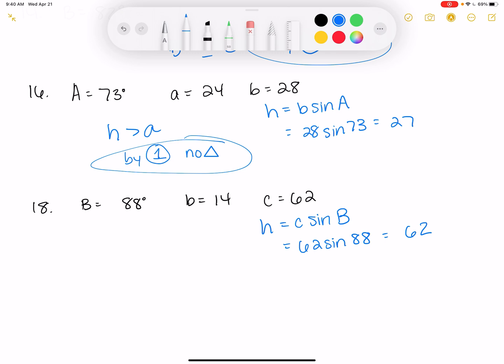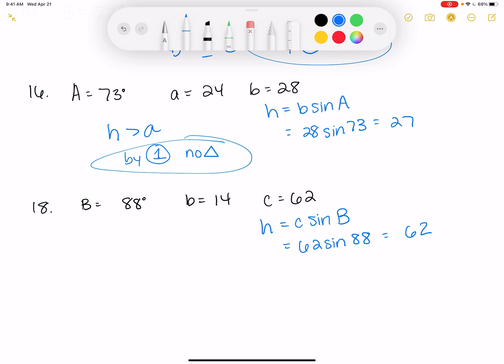Looking at your chart, I'm not going to scroll all the way back because it's a long way to go. Remember, B is now in the spot of A and c is in the spot of b in your chart. And H, what scenario do I have?